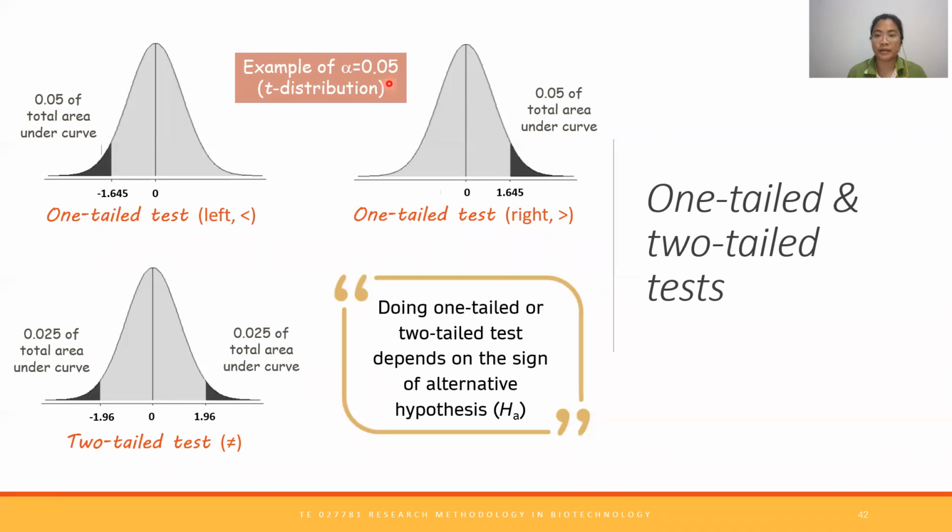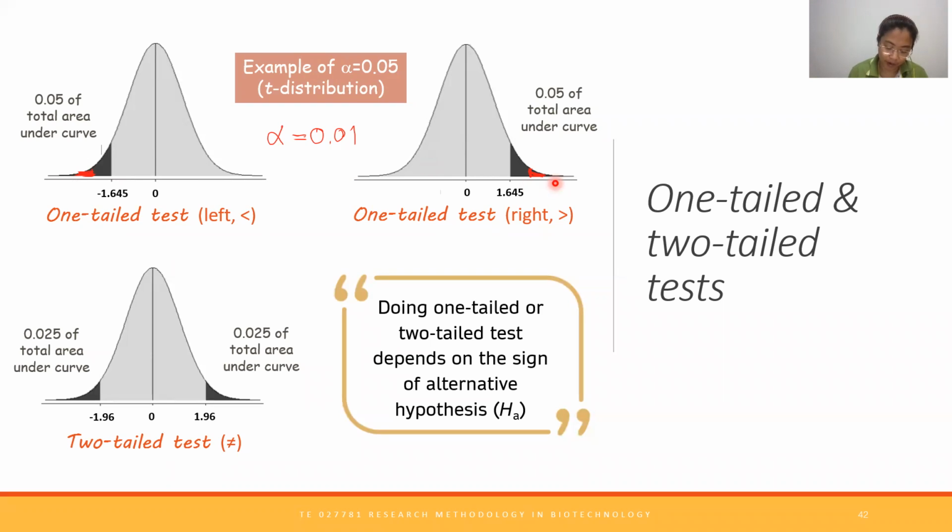If you are doing an alpha of a different number, for example 0.01, that means you are interested in an area of only 1% of the curve, which is where I put the red parts here.